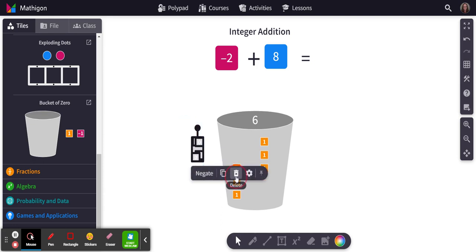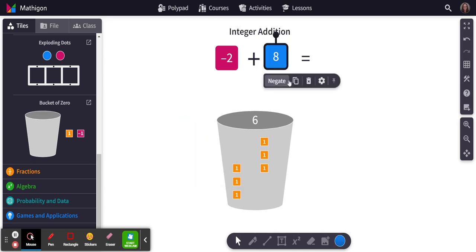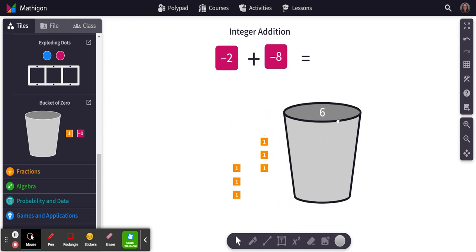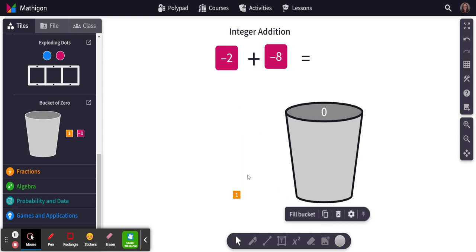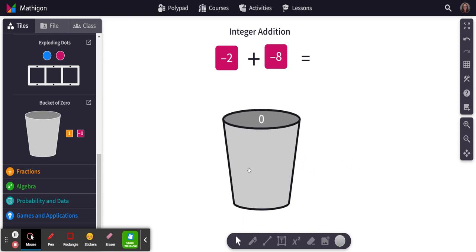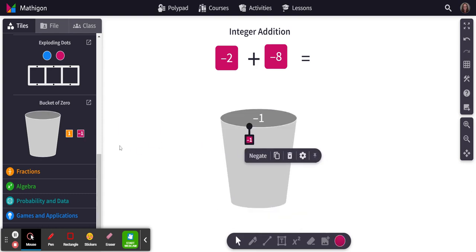Okay, so then what if I have them both negative? What if I'm adding up 2 negative numbers? What happens then? So I have negative 2 to start with, and I want to add in 8 more negatives.